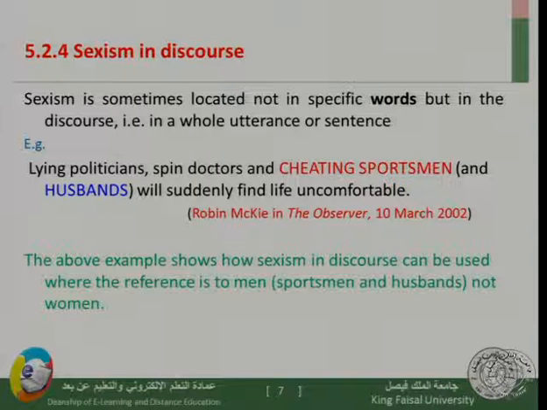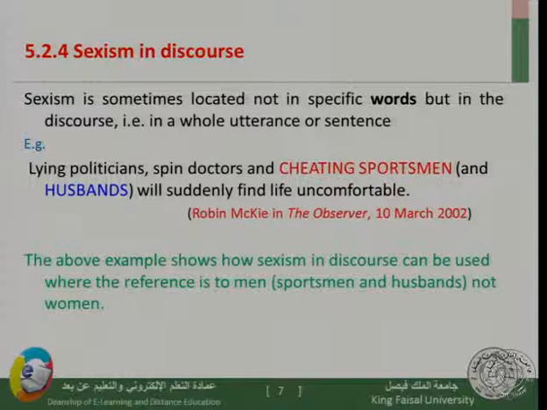Now we have an example from Robin Mackey from the Observer newspaper, on the 10th of March 2002. Robin says, "Lying politicians, spin doctors, and cheating sportsmen and husbands will suddenly find life uncomfortable." Now I read again, and notice the use of the word sportsmen but not sportswomen, and husbands but not wives.